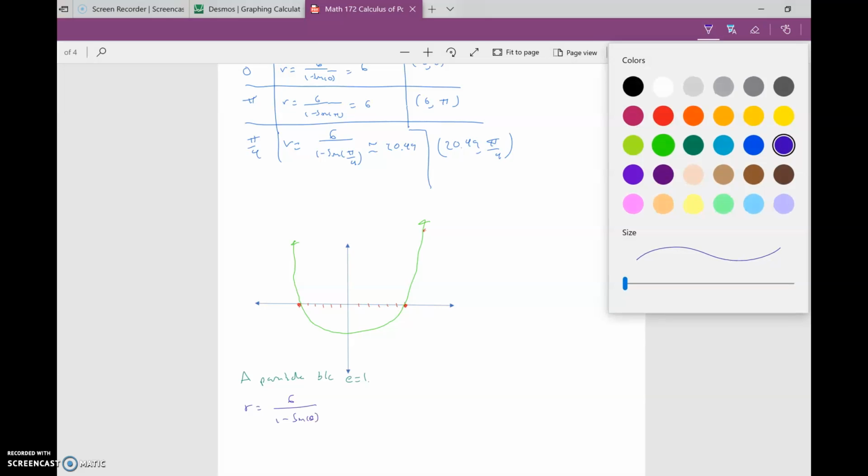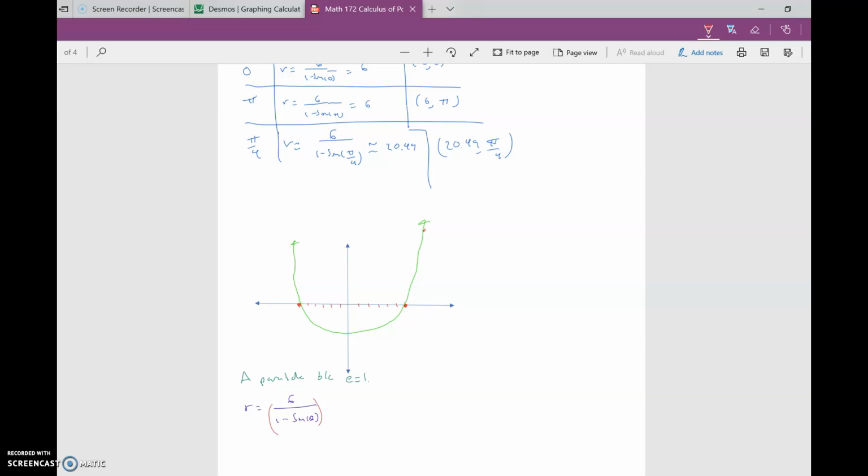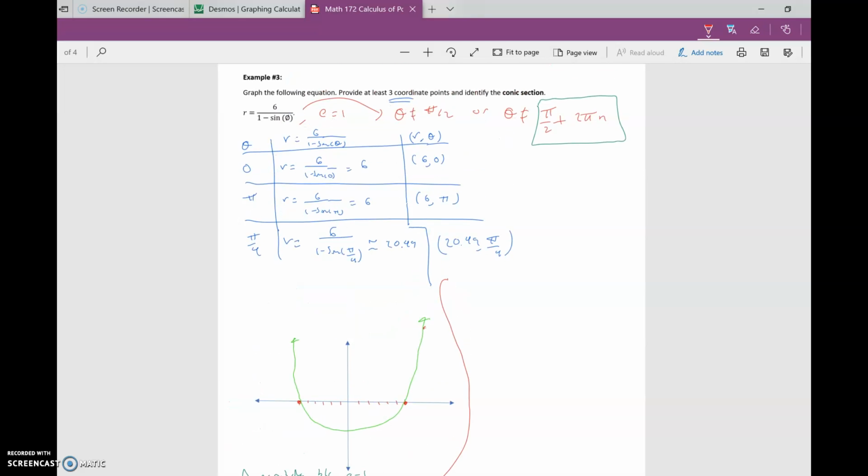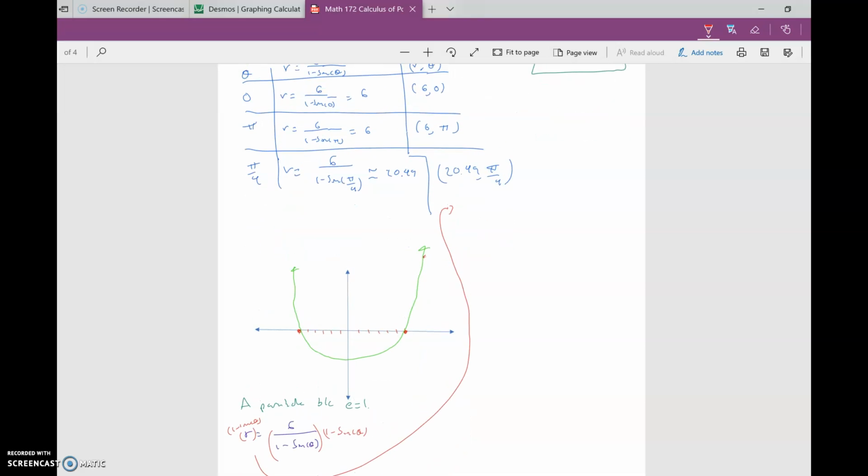If you multiply both sides by 1 minus sine of theta, you're going to end up with, let me rewrite it as r times 1 minus sine of theta is equal to 6, or technically r minus r sine of theta is equal to 6.